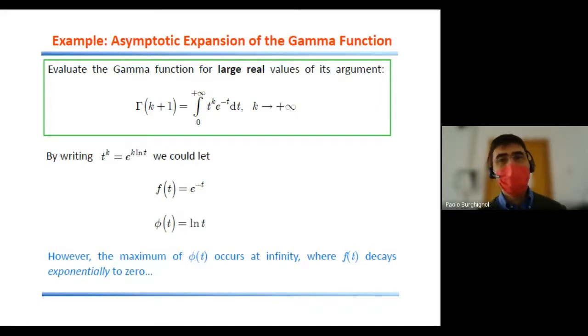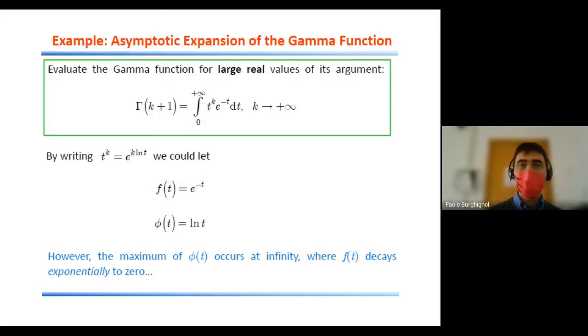And another important example is the asymptotic expansion of the gamma function itself, whose definition is recalled here. In this case, we write the gamma function with the argument k plus 1, so that inside the integral we have t to the kth power times e to minus t. We are interested in evaluating these for large real values of the argument, so when k tends to infinity.